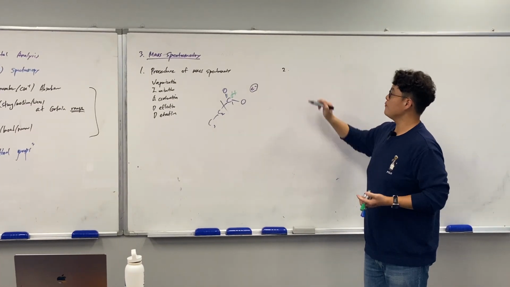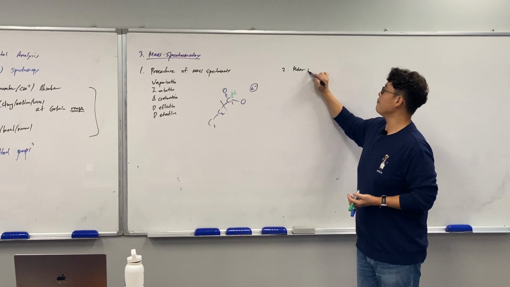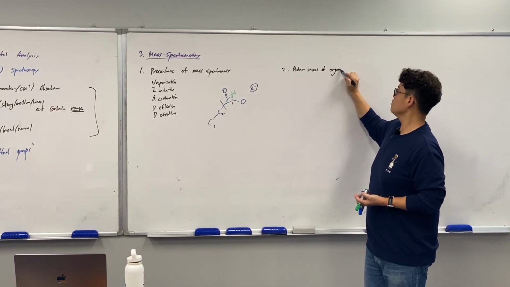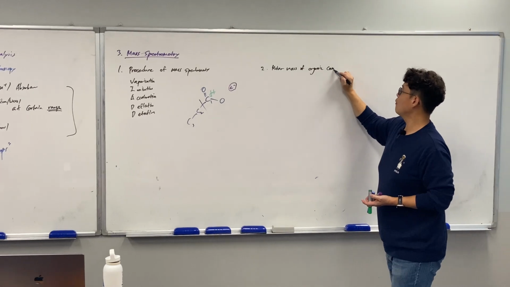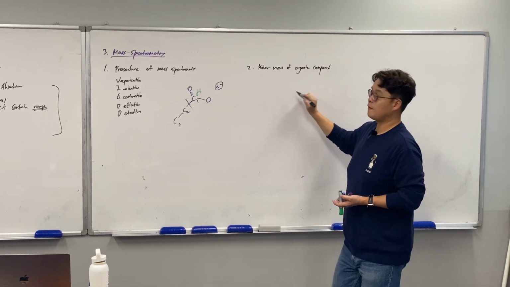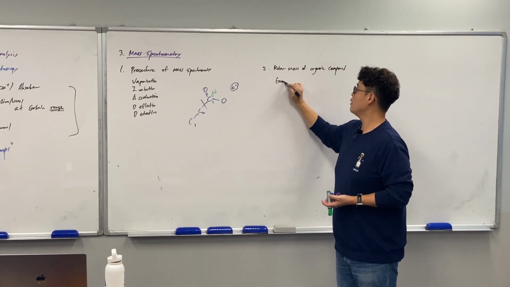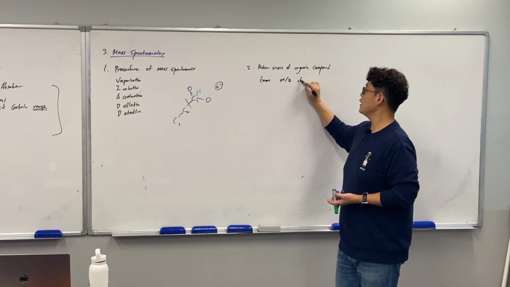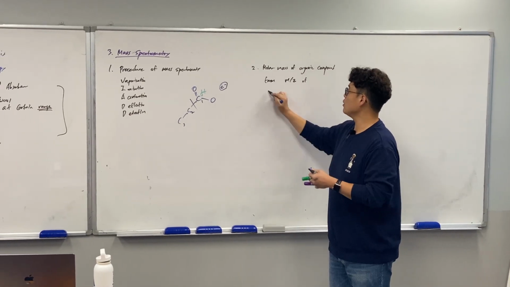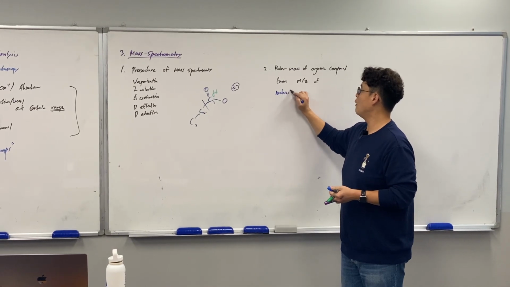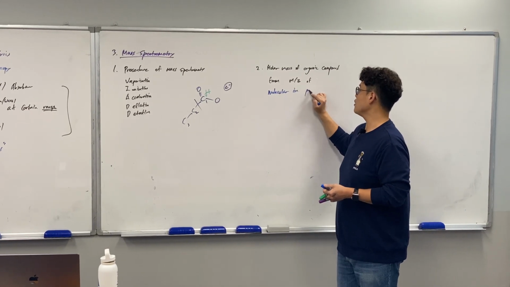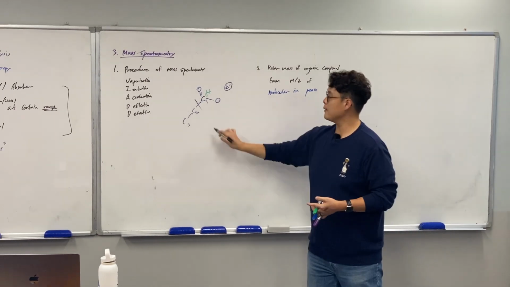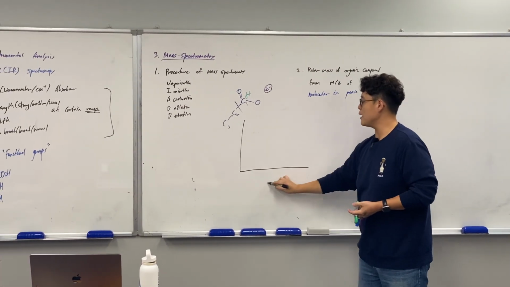Primarily, you can get the molar mass of the organic compound from the m/z, mass to charge ratio, of, remember this guys, the molecular ion peak. So what is the molecular ion peak in that graph of m/z?